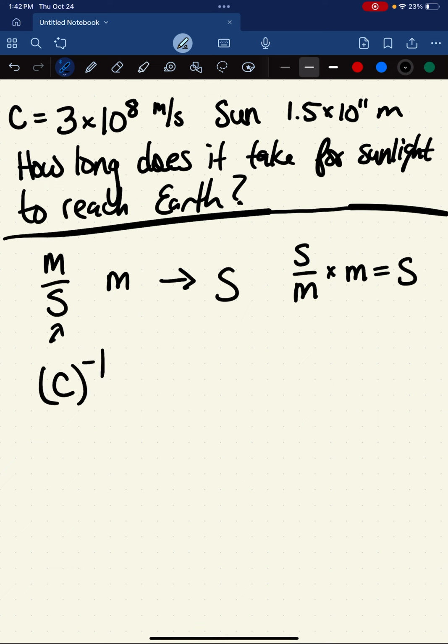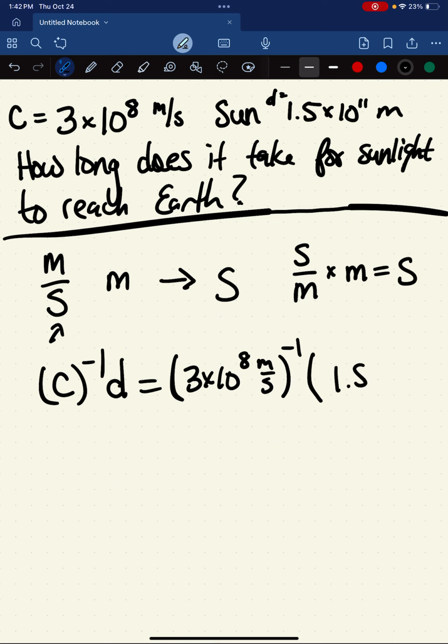So if we have C, we need to invert it. And we'll call this distance D. Times D is going to be what we want. So C is 3 times 10 to the 8 meters per second. Inverse times D, which is 1.5 times 10 to the 11 meters. Oh, don't forget your meters.